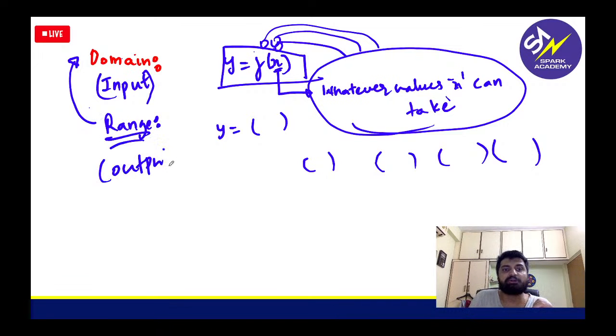After substituting the domain values, whatever values you are eventually getting, that is called your range. Is that clear to everyone? Yeah. So we will slowly try to get into more detail about that. I will give you a lot of examples and I will solve a lot of problems in today's session. So stay tuned, right? So now you know the definition of a domain and a range, right?